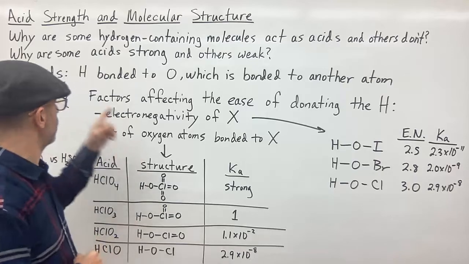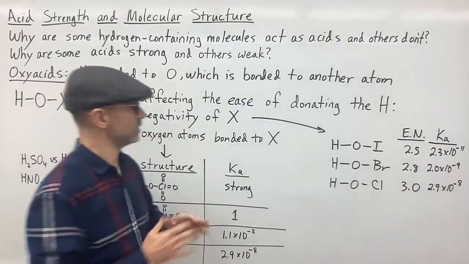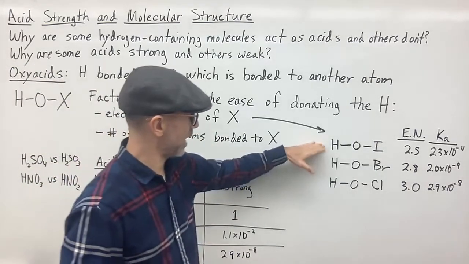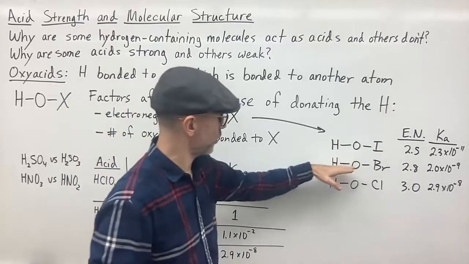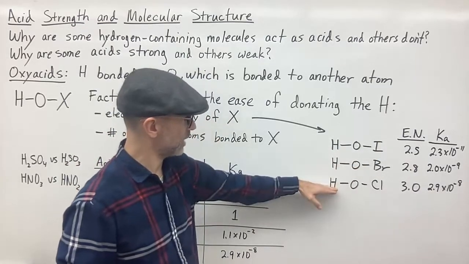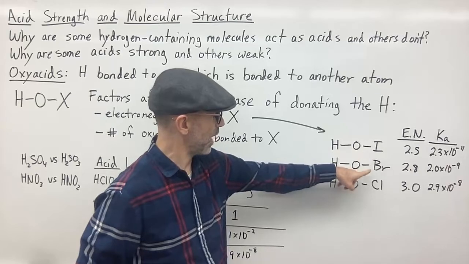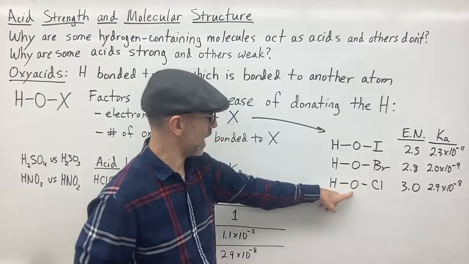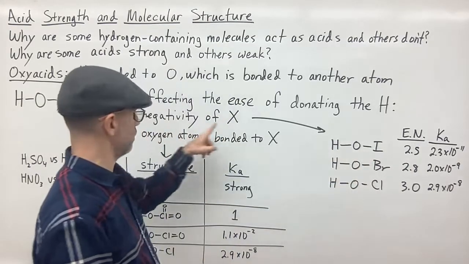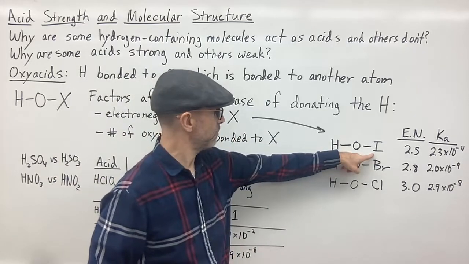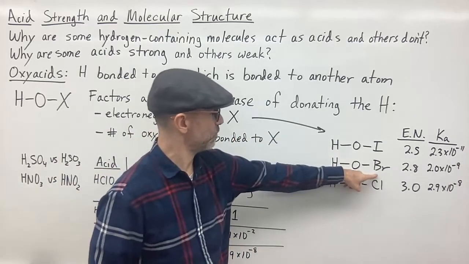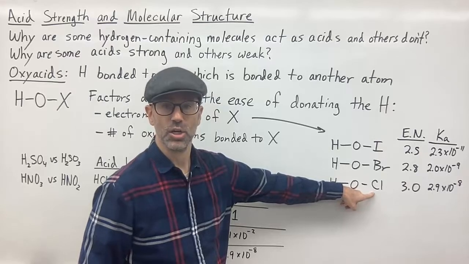The first one is the electronegativity of X. Here we can see that we have these three different oxyacids, and they differ by the atom that's bonded to the oxygen. X here is iodine, then X here is bromine, and then X here is chlorine.